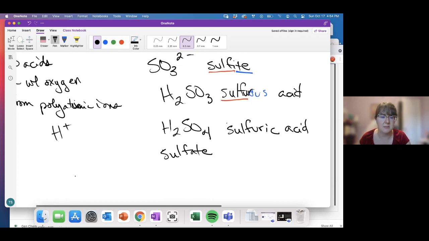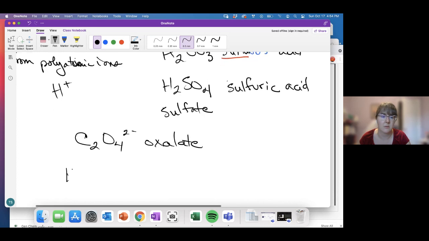We could get fancy. And this is oxalate, H2C2O4. And this actually does become oxalic acid.